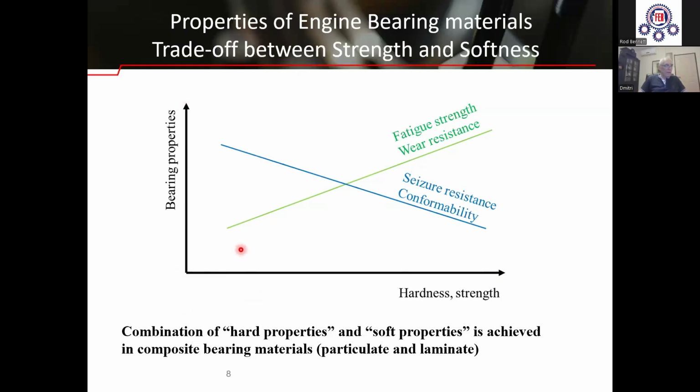The harder the bearing material, the higher its fatigue strength and wear resistance, but the lower its seizure resistance, conformability, and embeddability. To achieve the required compromise between the properties, the engine bearing materials are designed to have a composite structure, combining soft and strong materials.